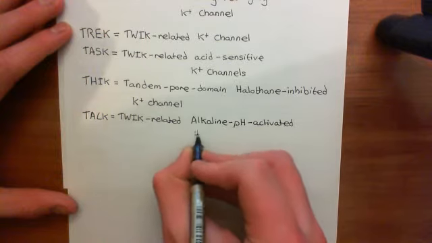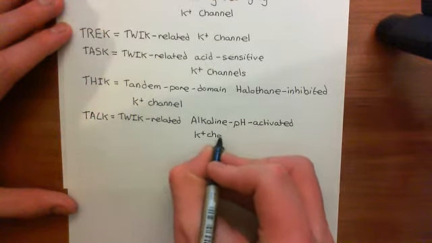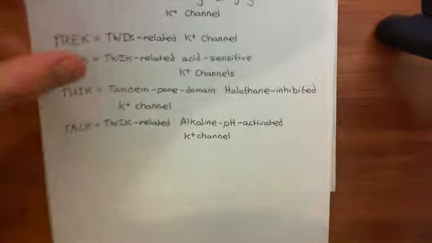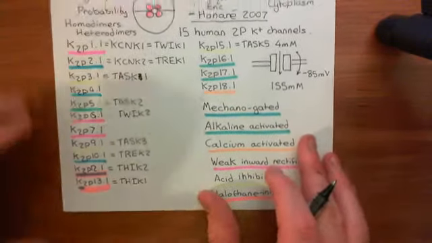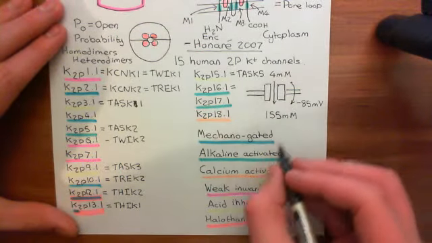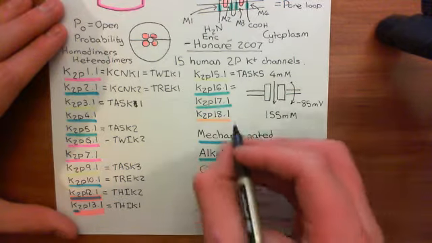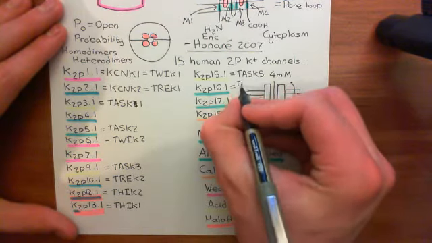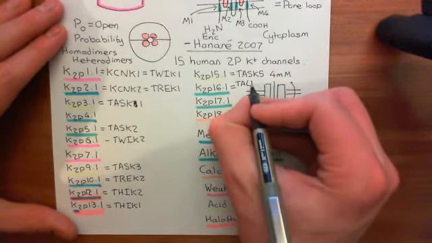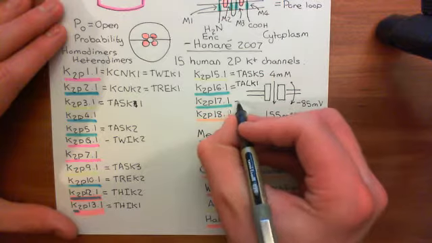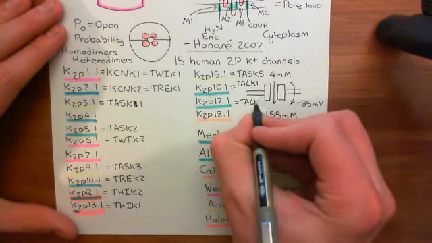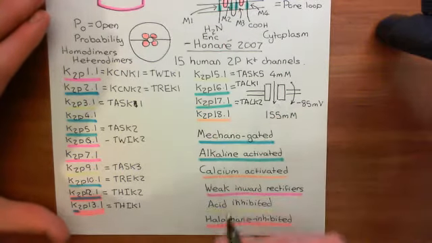So which of our K2P channels are considered TALKs? Basically it's number 16 and number 17, the alkaline activated ones. TALK 1 is the K2P 16.1, and then we have TALK 2, which is the K2P 17.1.